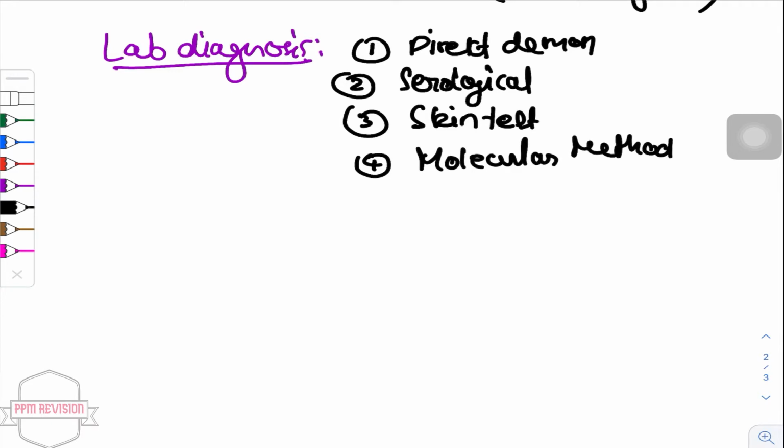Now, looking at urine analysis, the urine examination.